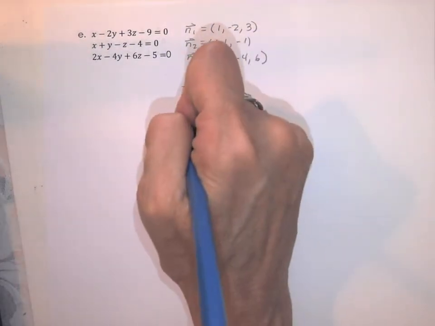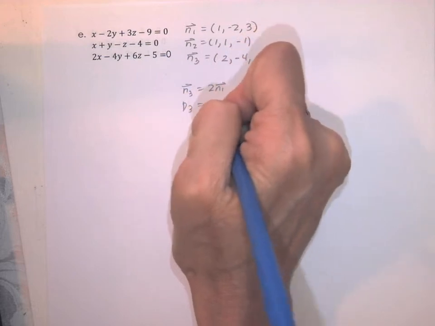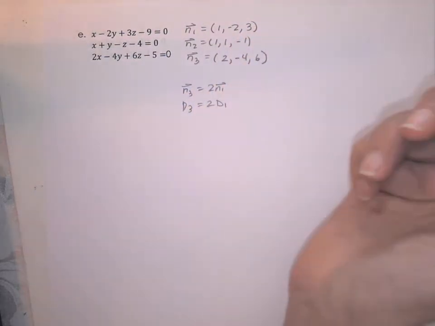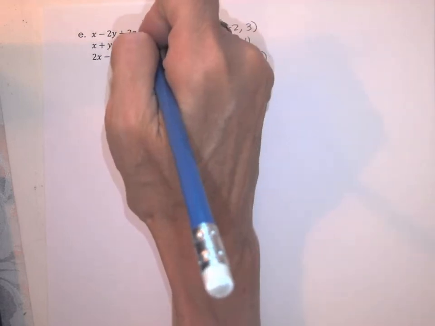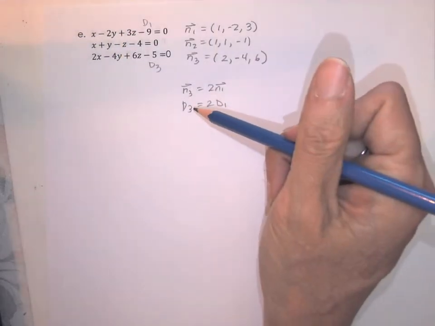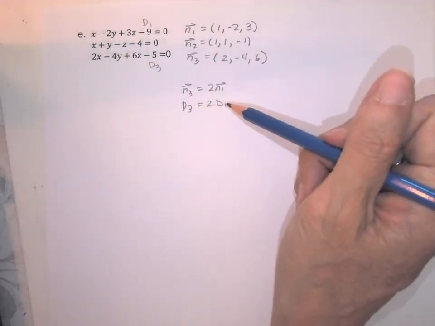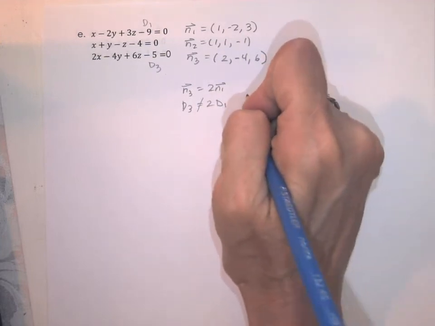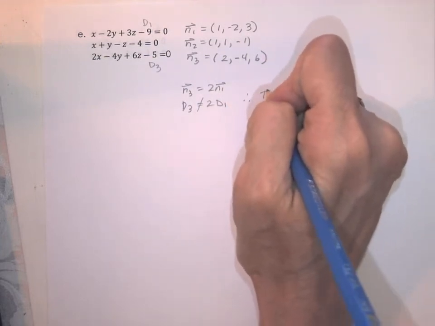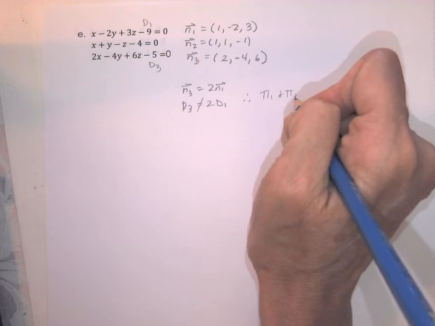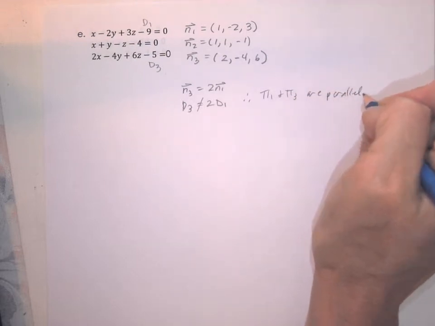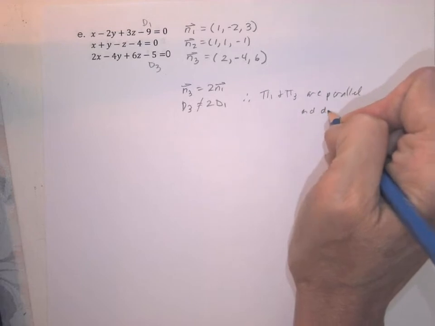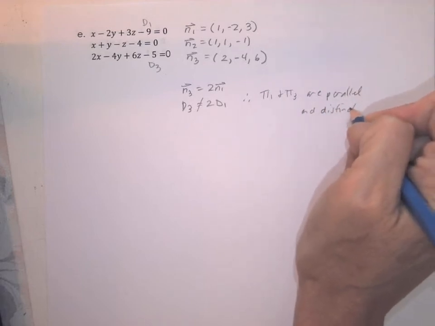So I'm now going to check if D3 is equal to 2D1. Here's D3 and here's D1. -5 is not equal to 2 times -9. So therefore, pi1 and pi3 are parallel and distinct, which means they never meet. So there can't be an intersection of all 3 planes.